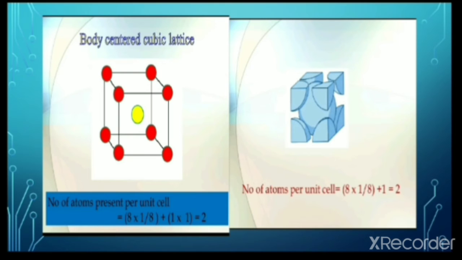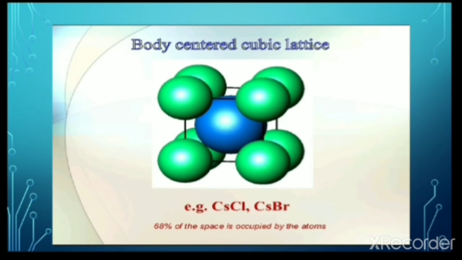That is, 8 into 1 by 8 plus 1 equals 2. Next, a total of 68% of the space is occupied by the atoms in the body centered cube. Examples given are cesium chloride and cesium bromide.